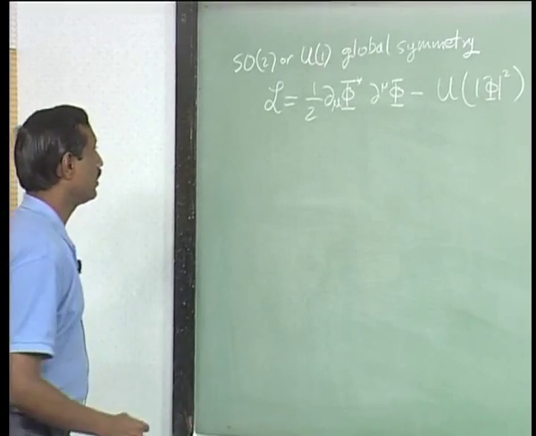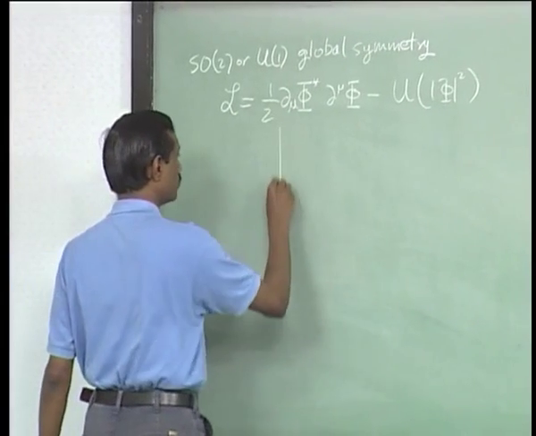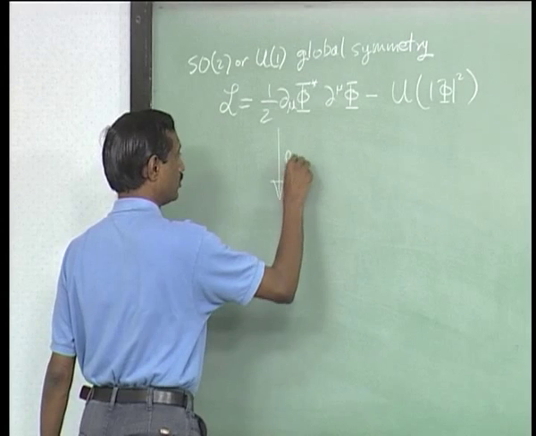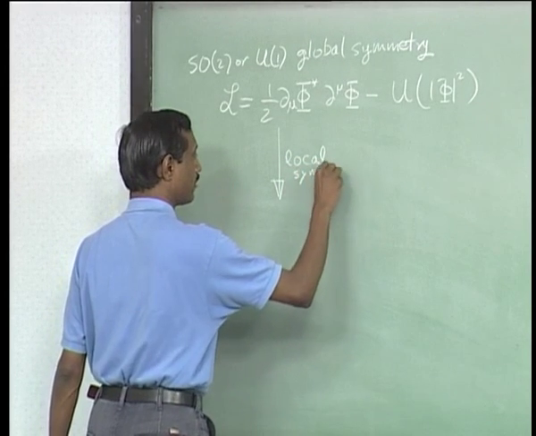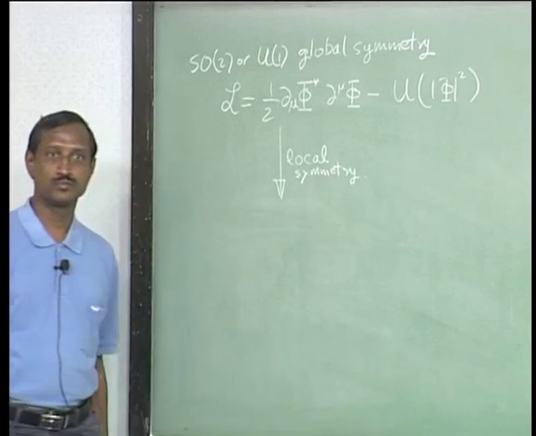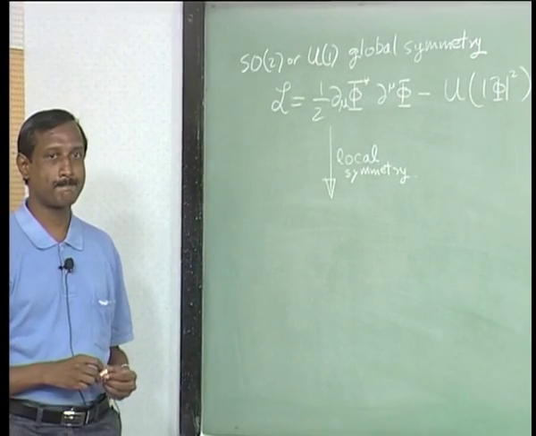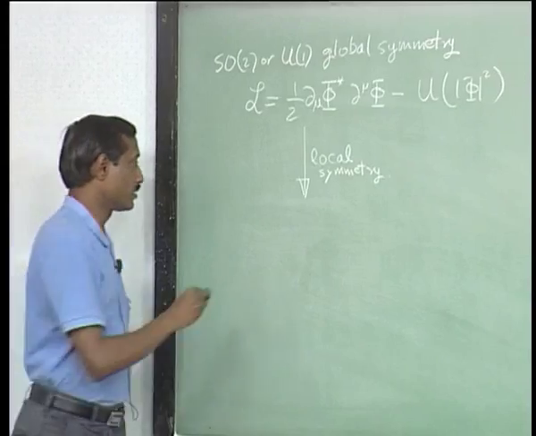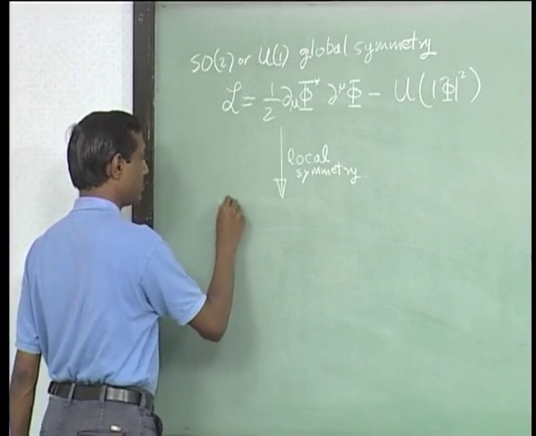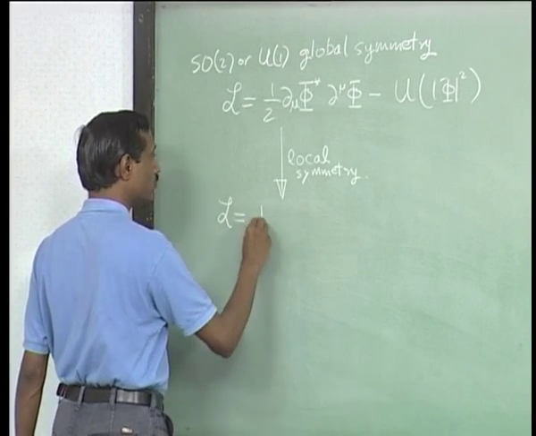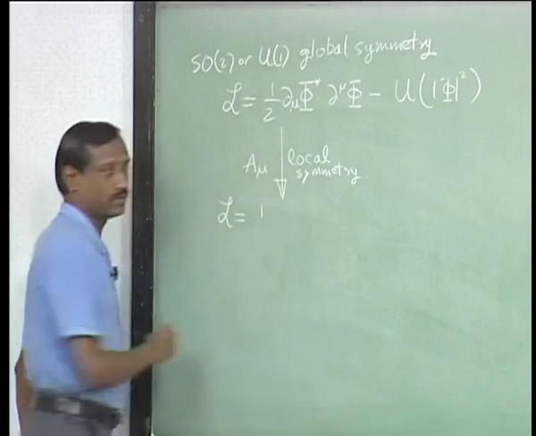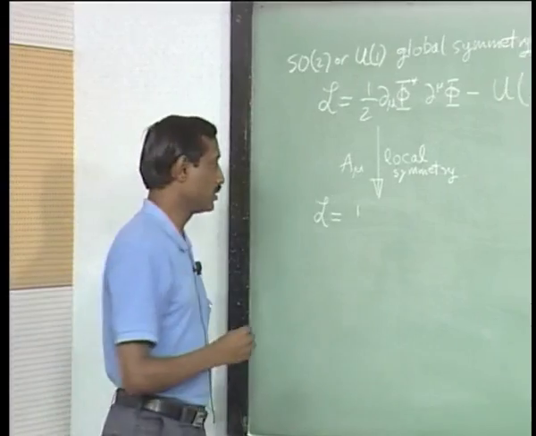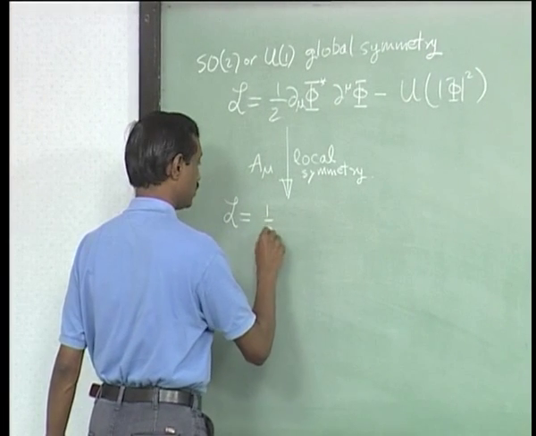symmetry. Okay. And then the idea was to convert the symmetry into a local symmetry, and that we did by introducing an extra field, a gauge field, which had a specified transformation property, and you defined a covariant derivative.